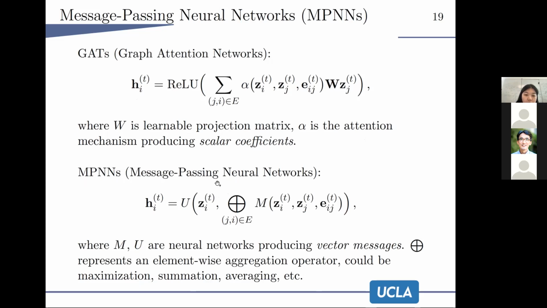And in the message passing neural networks, as we list here, M and U are neural networks producing vector messages. And this big ⊕ is some way of aggregating, any sort of aggregator. And in practice, they found that the element-wise max aggregation operator performs the best.